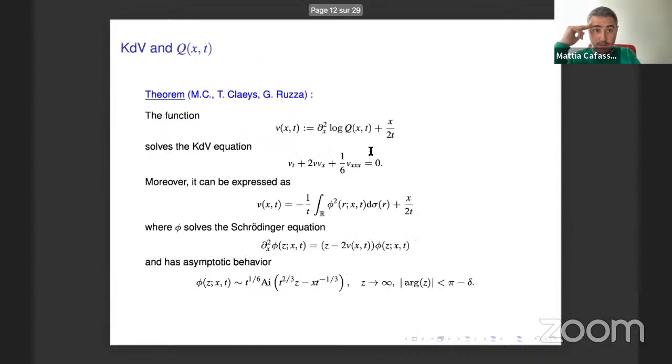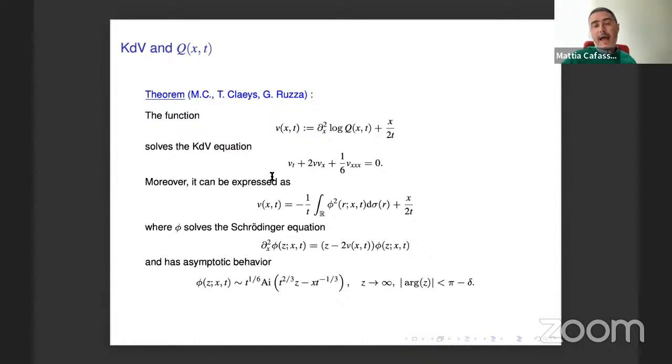And indeed, we have this theorem proved with Tom Claeys and Giulio Ruzza, which says the following. And this comes really from the Riemann-Hilbert problem that I showed you before. If you define a function v as the double log derivative of your function q, now as a function of the variables x and t, and you add x over 2t, you have that this v solves the KdV equation.